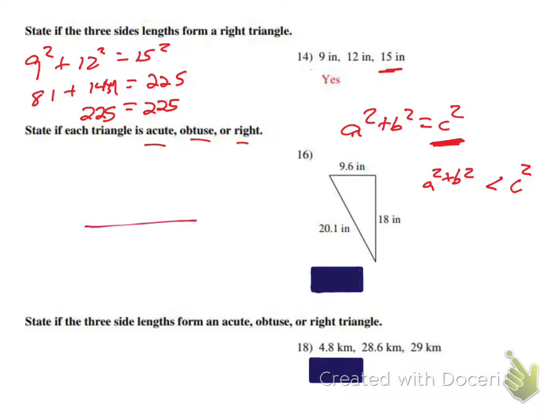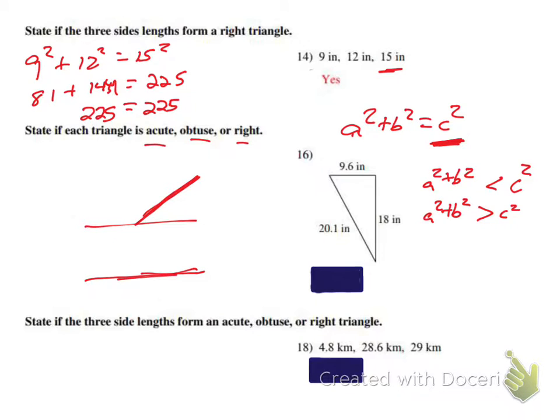So that means it's an angle that's over 90 degrees. It'd be an obtuse angle. If a squared plus b squared is greater than c squared, it would then be acute, meaning it would be under 90 degrees.